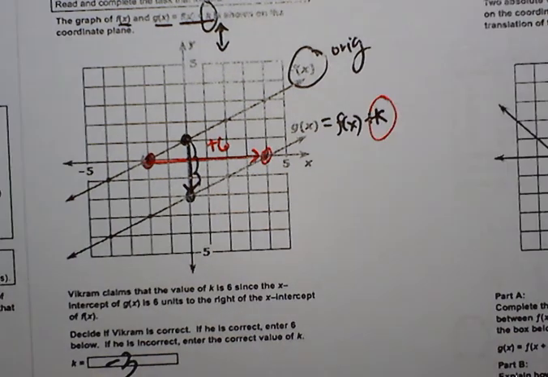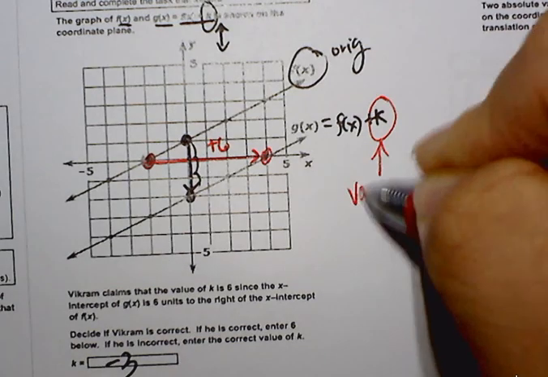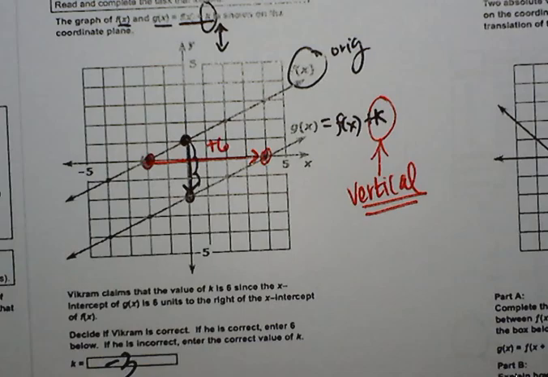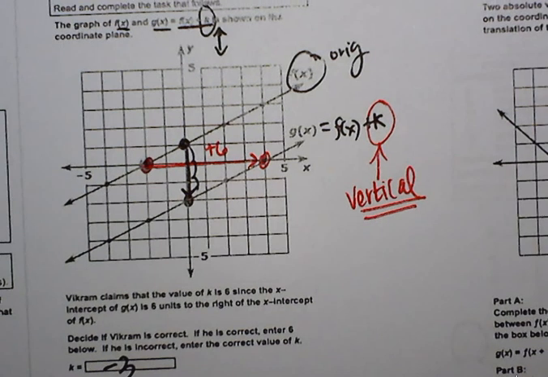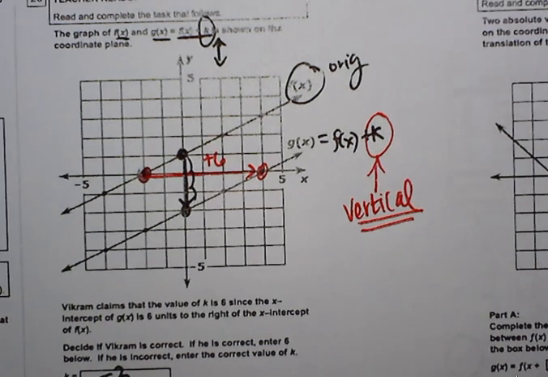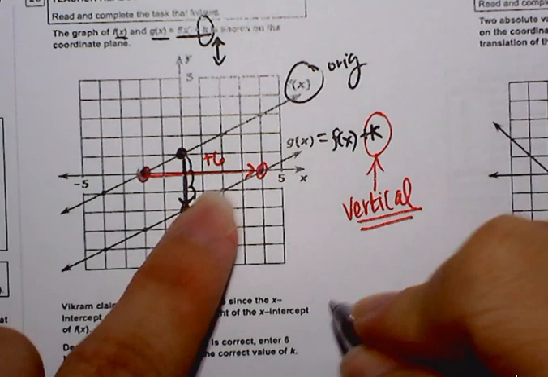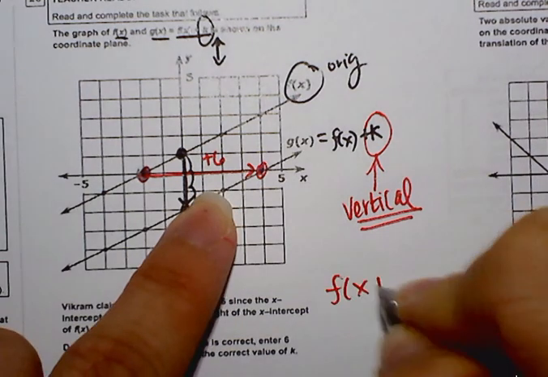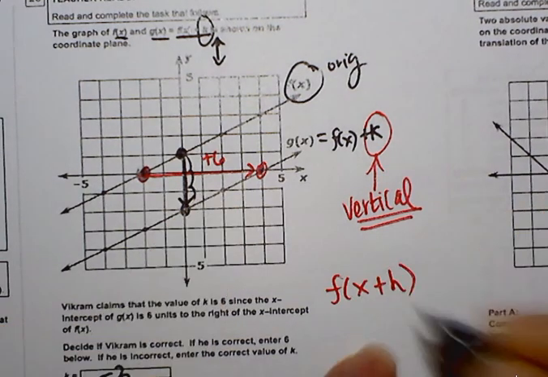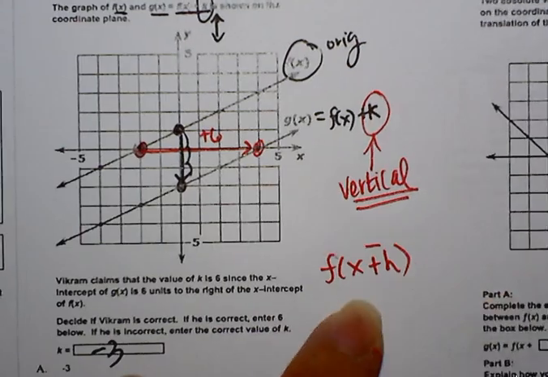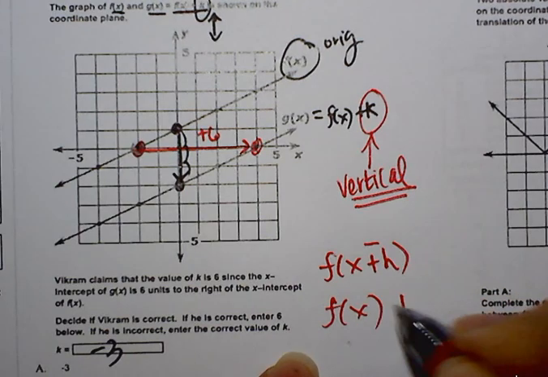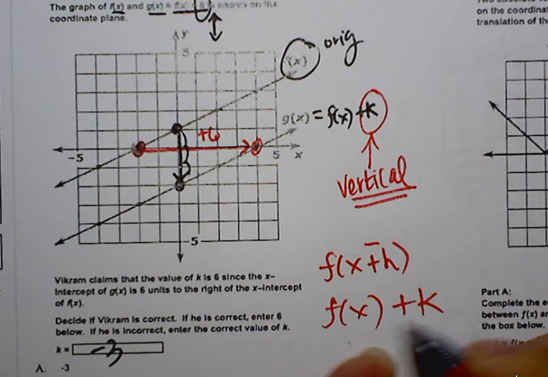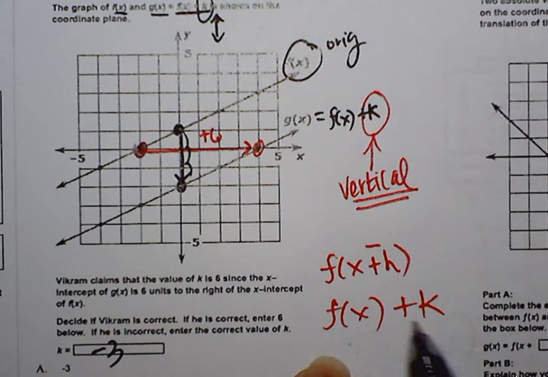So that's why Vikram is wrong, because he was looking at the horizontal shift, not the vertical. Because f of x plus h or minus h, that's horizontal. F of x plus k, if it's outside the parentheses, that's vertical. If it's inside the parentheses, that's horizontal. Okay? All right, now let's look at 26, 7, and 8.